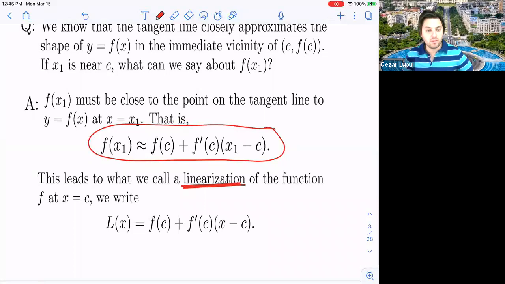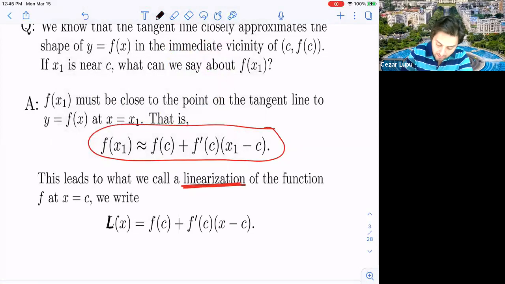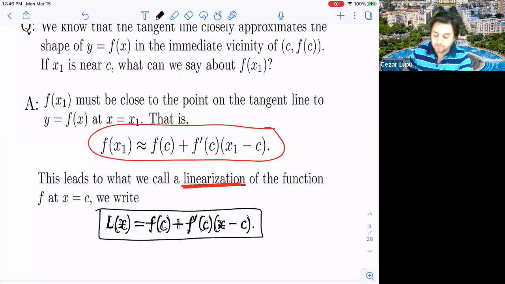The linearization of the function f at the point x equals c will be L of x, sorry, equals f of c plus f prime of c, the derivative, times x minus c. So that's the linearization. Keep that in mind.